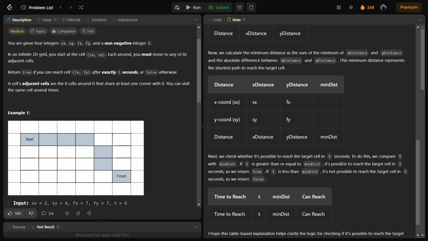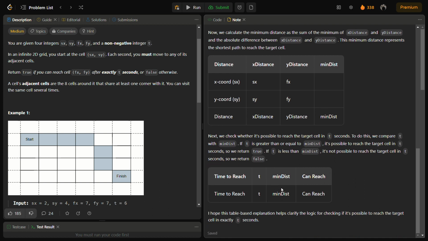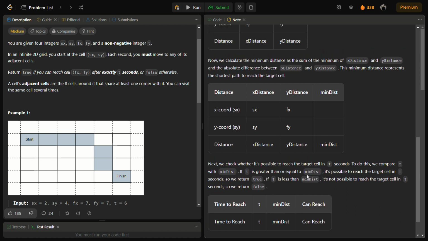Like there can be multiple paths to reach this. You can go up and down, because we can move back to the cell where we came from. So there can be multiple solutions. So to calculate the shortest path, we are keeping this minimum distance. It is actually calculated from the x distance and the y distance.